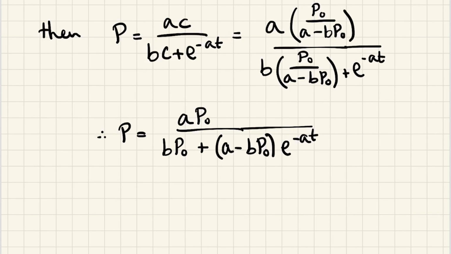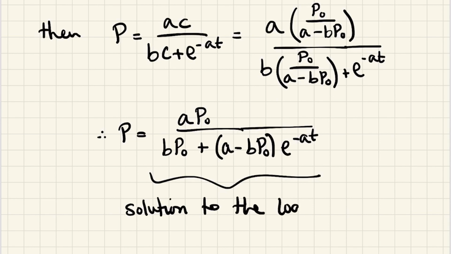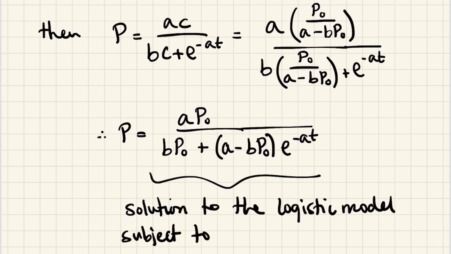And so this is the solution to the logistic model subject to the initial condition P of 0 is equal to P0. Okay, very exciting. So, well, let's see this in an example.